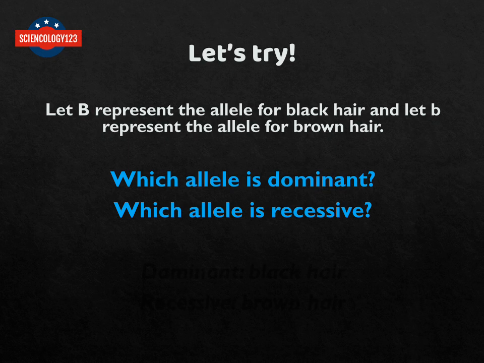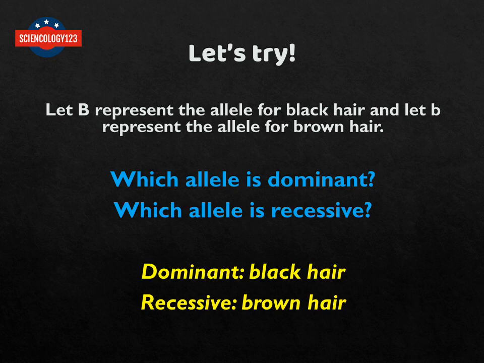As mentioned earlier, dominant allele is usually represented by using uppercase letter and recessive allele is represented by using lowercase letter. So, the dominant allele is uppercase letter B, which is black hair, and recessive allele is lowercase letter b, which is brown hair. Did you manage to get the correct answer? Well done!